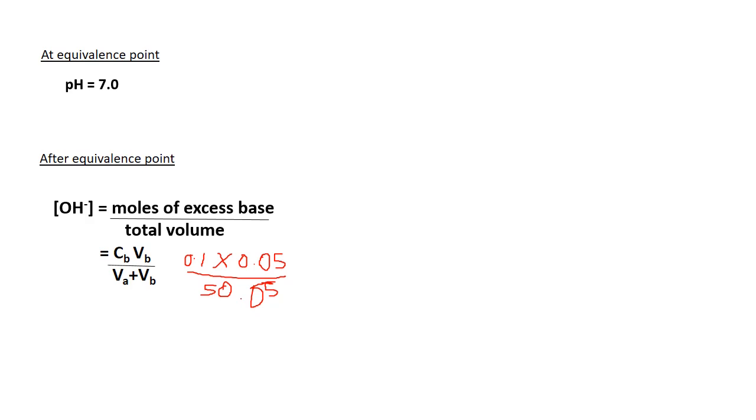Then we should divide it by the total volume, which is equal to volume of the acid plus volume of the base. When we add them together, we have the volume as 50.05. So now we can get the value for OH minus concentration.